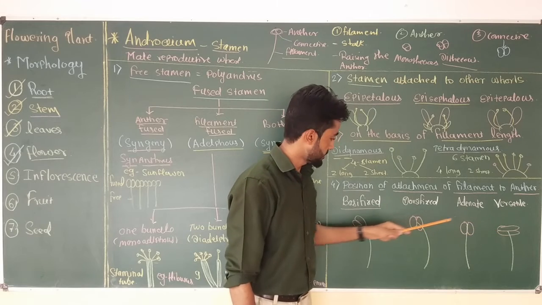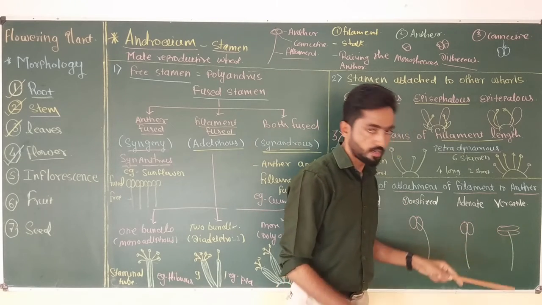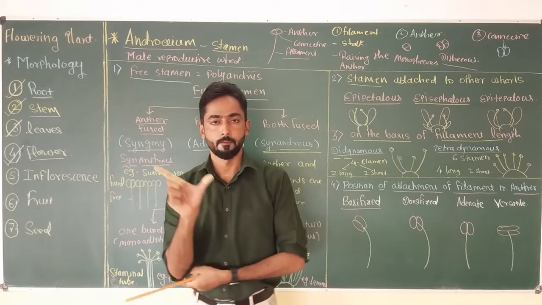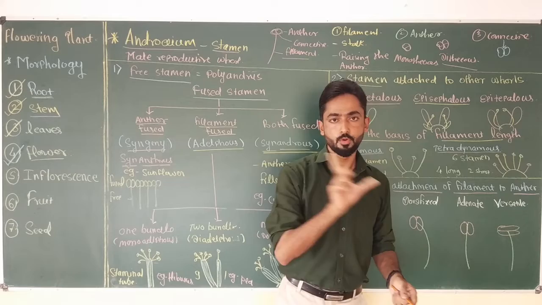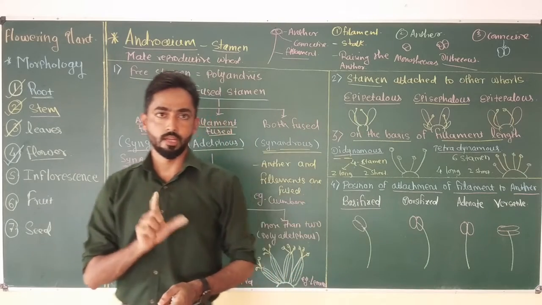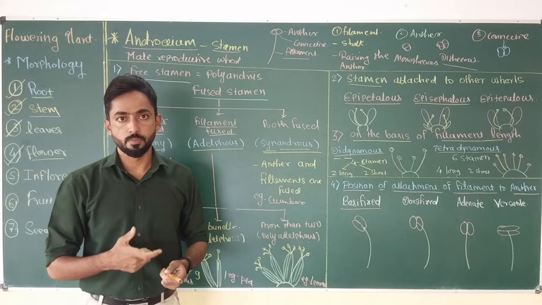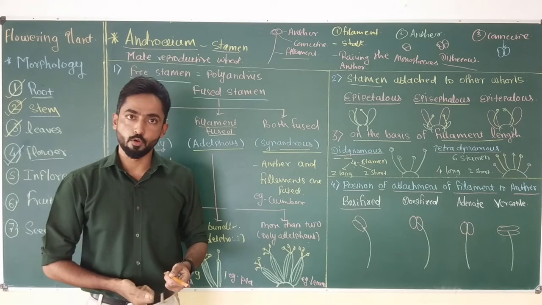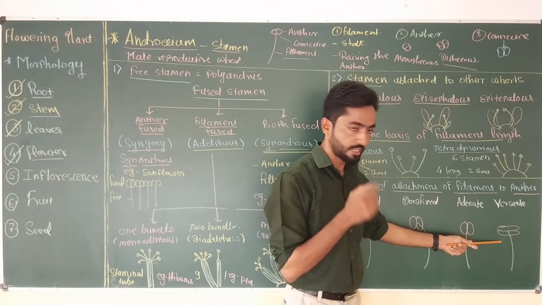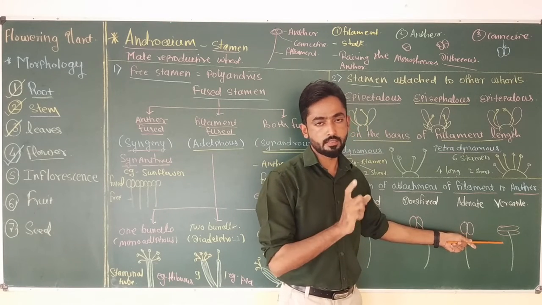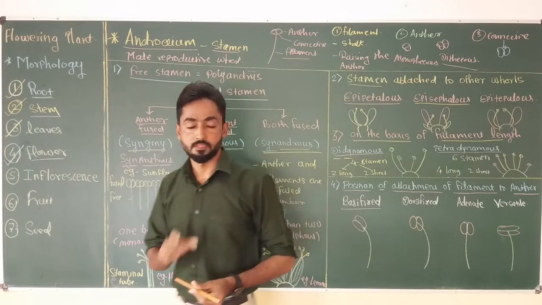It is similar to dorsifixed, but the difference is that the anther becomes long in structure, due to which it can be easily moved by wind. We know that some flowers require wind for pollination. It is called the anemophilous type of pollination, and in such flowers this type of attachment of the filament to the anther is observed, which is called the versatile type of stamen.